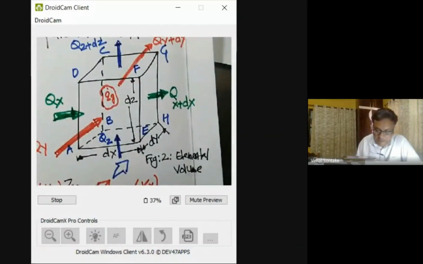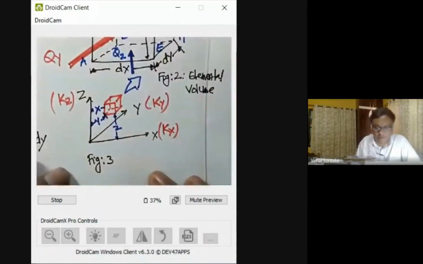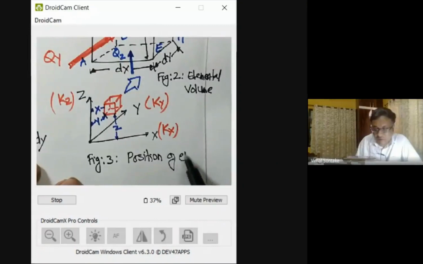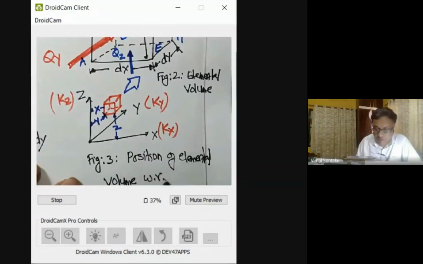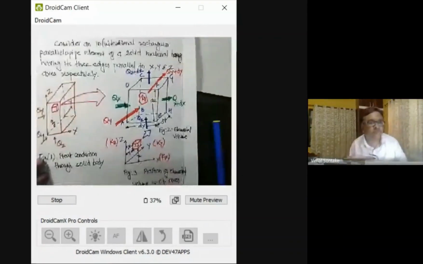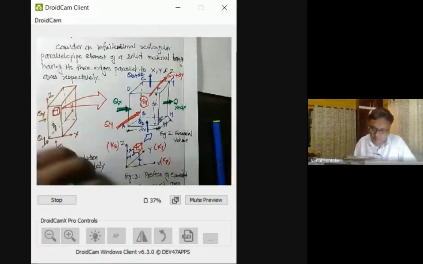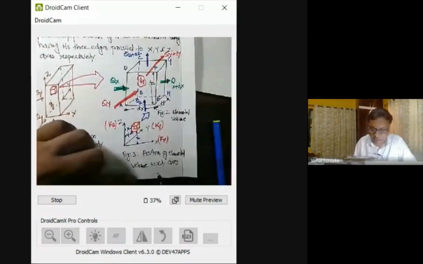And figure 3 represents position of this elemental volume with respect to three axes, x, y, and z. Okay. So let us continue our discussion from the next page.